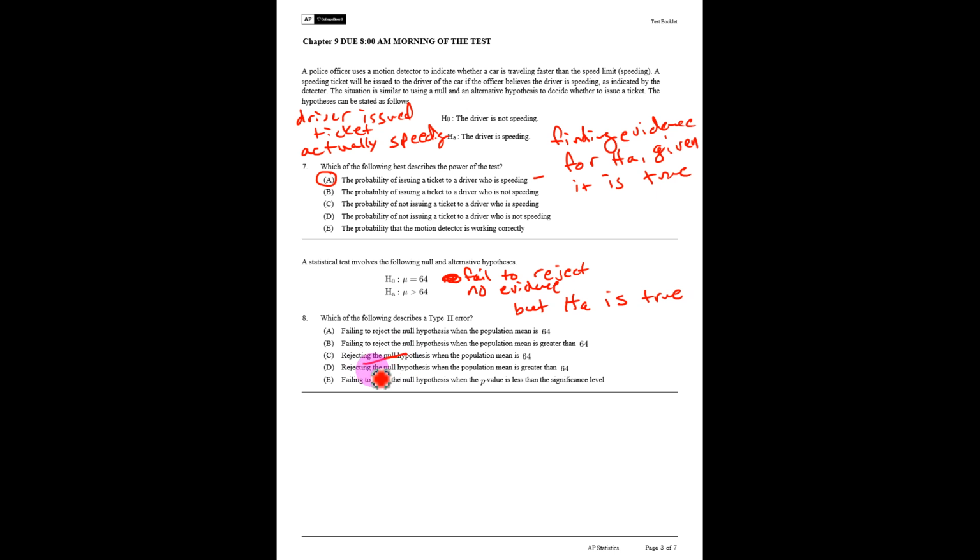We're not rejecting the null. We fail to reject the null hypothesis when the population mean is greater than, when that happens. Yes, there we go. We fail to find evidence for the alternate. So we fail to reject the null when the alternate is actually true.